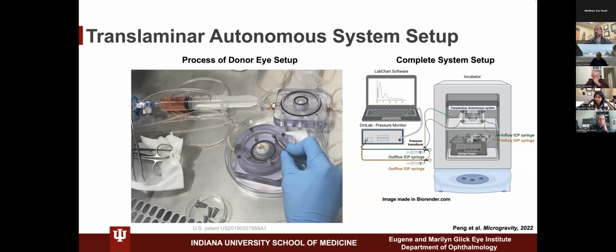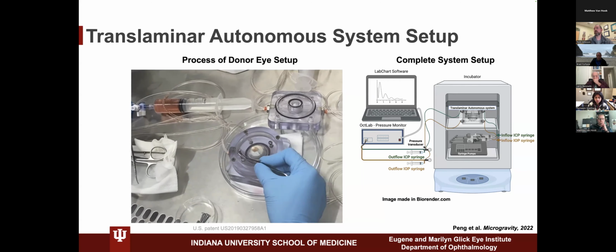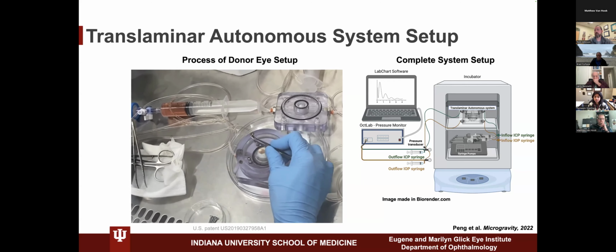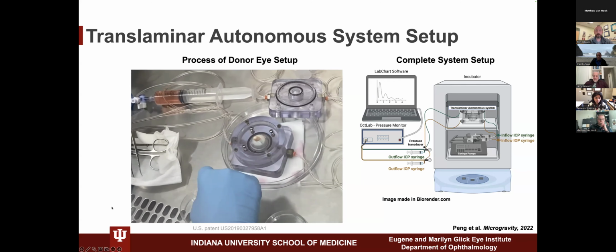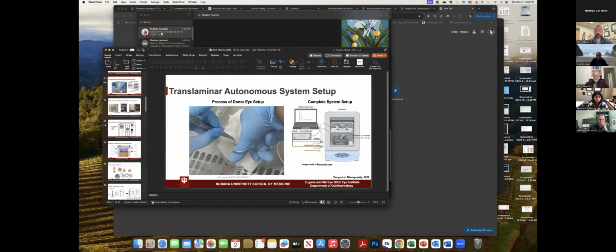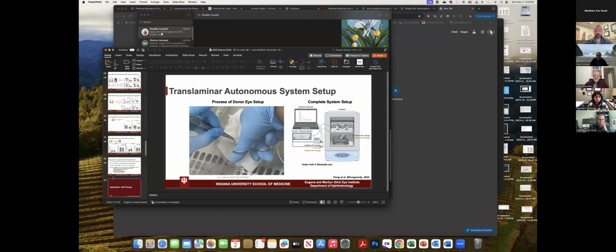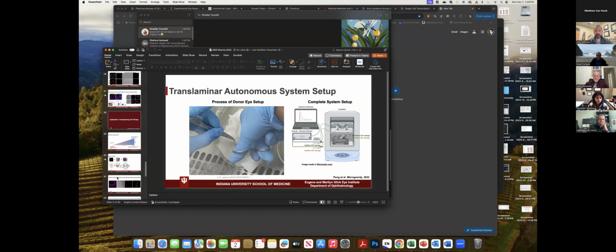Then we can have it at different pressure conditions, so we can go all the way to 40 millimeters of mercury if we wanted to with the human eye model system.